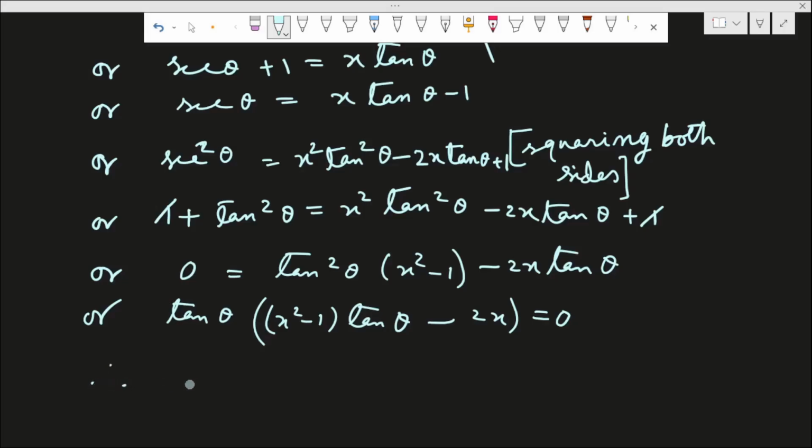But here tan theta is not equal to 0, as in the given equation tan theta exists in the denominator.